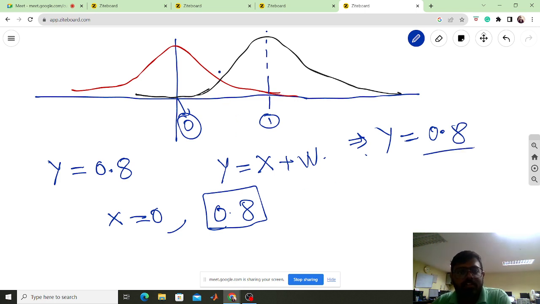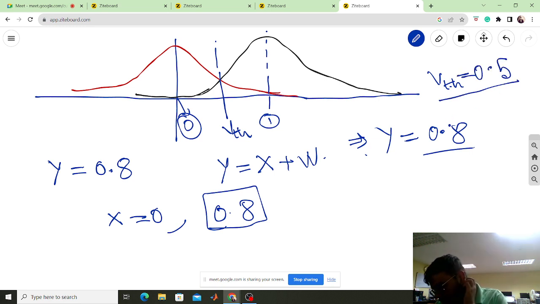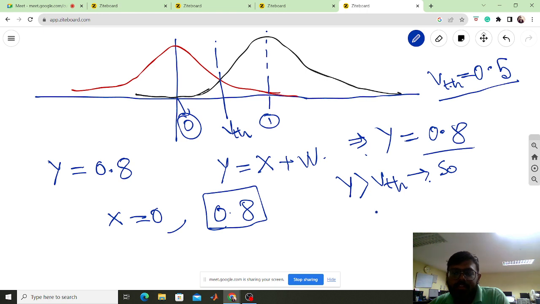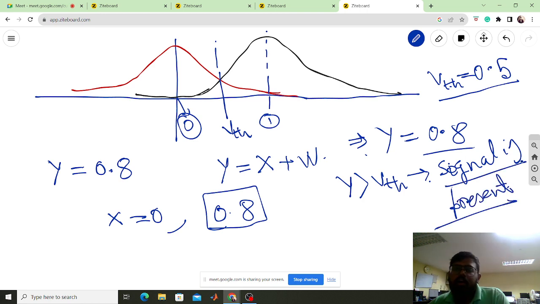but our threshold at this point, VTH, was 0.5. So we will say that y is greater than VTH, so we will conclude that the signal is present. However, in the real scenario, suppose x equal to 0, but at a particular instance w is taking the value 0.8.